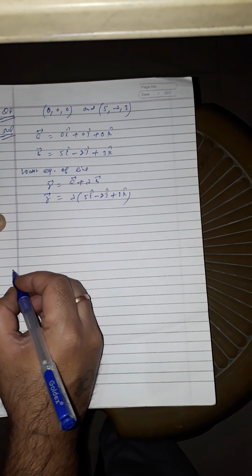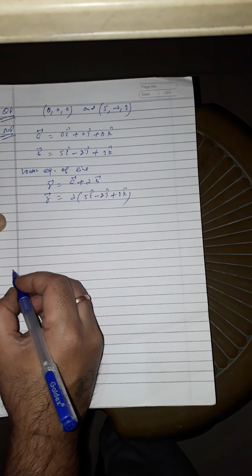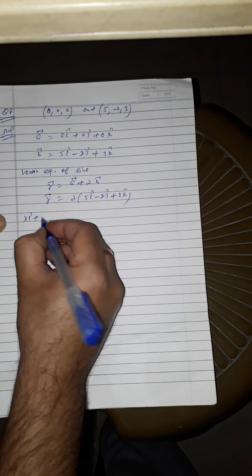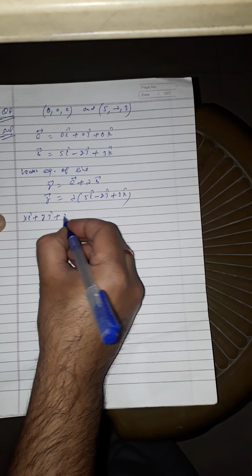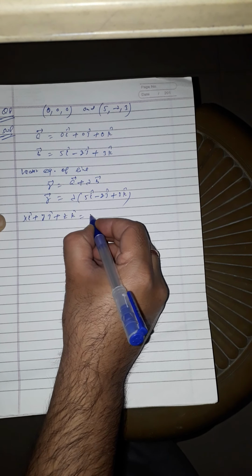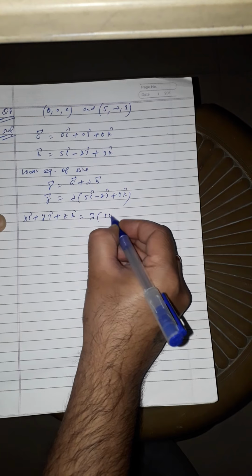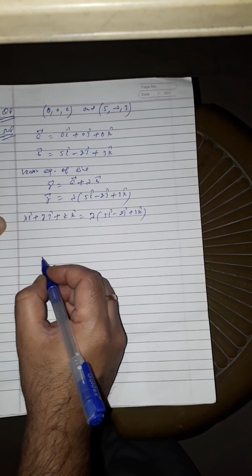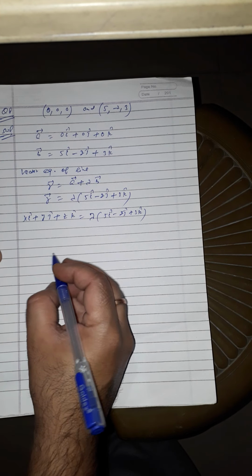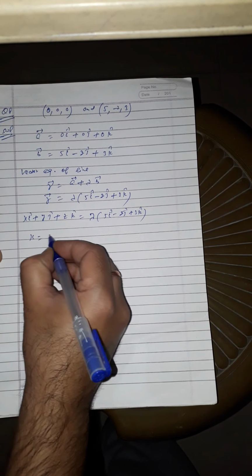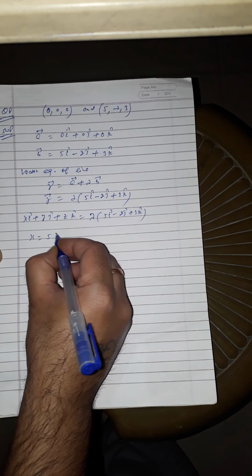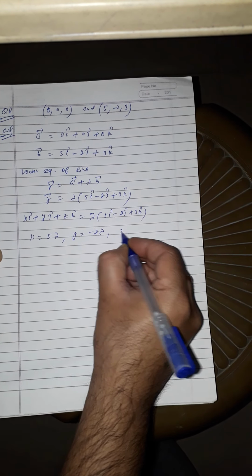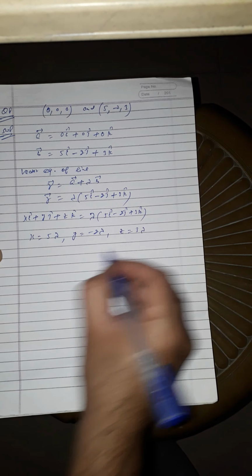Now we have to find the Cartesian form also. This r vector is x i cap + y j cap + z k cap, which is equal to lambda (5 i cap - 2 j cap + 3 k cap). Is it right students? On comparing, x = 5 lambda, y = -2 lambda and z = 3 lambda.